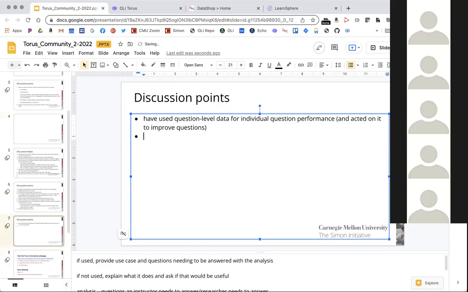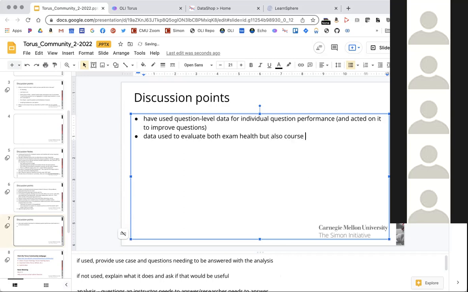And then I also wanted to note something from what Gideon said too about data used to evaluate both exam health, but also course health.